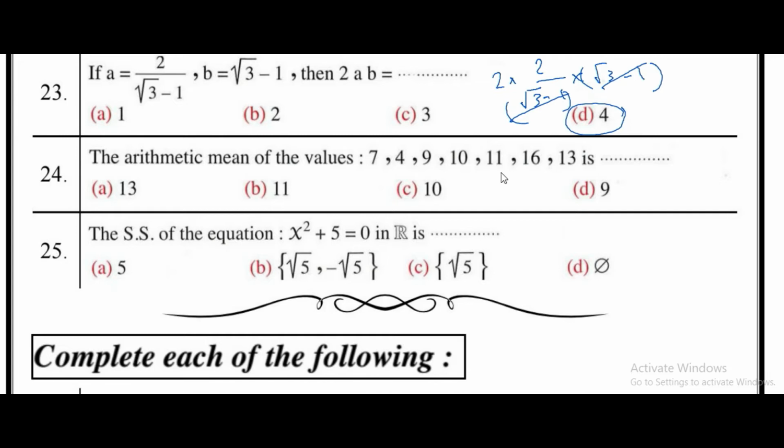The arithmetic mean, the mean equals sum over number. 7 plus 4 is 11, plus 9 is 20, 30, 41, 57, 57 plus 13 is 70. The sum is 70, divided by 1 2 3 4 5 6 7. 70 divided by 7 equals 10.